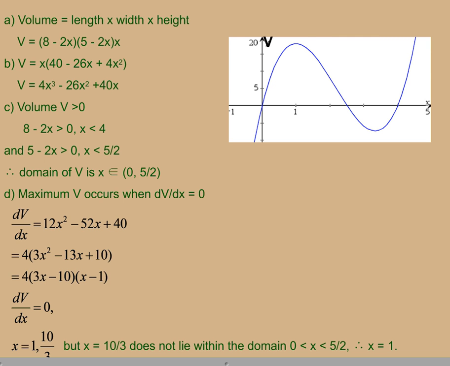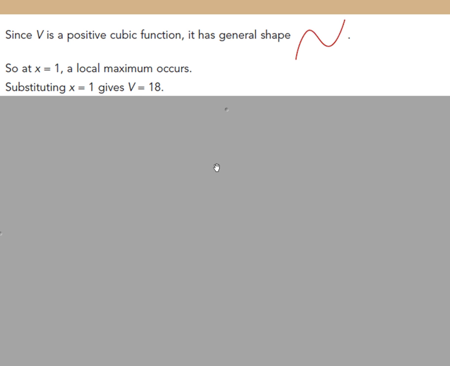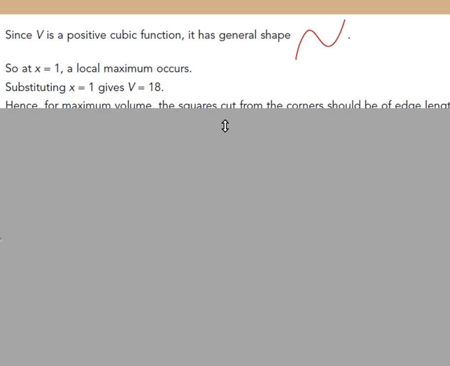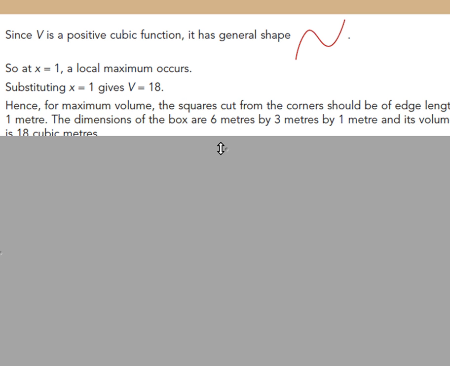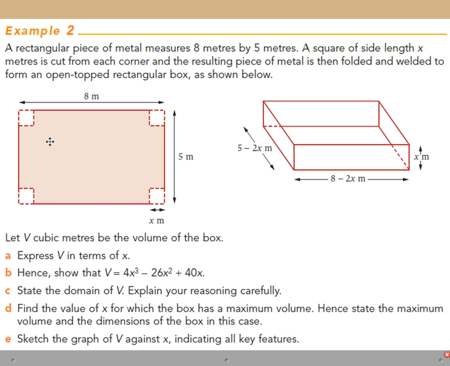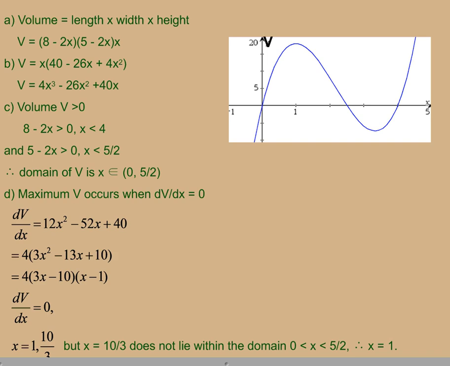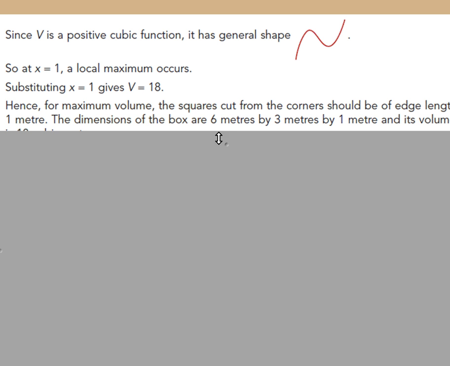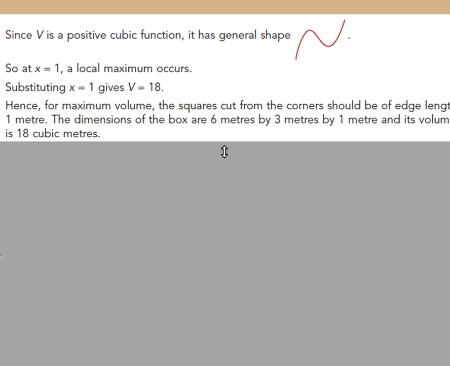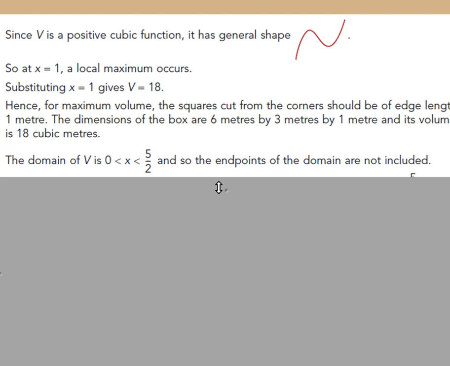So the maximum volume then is 18. And the dimensions of the box then are going to be 6 by 3, because we take a metre out of each end, leaves us with 6. A metre out of the width of each end is going to leave us with 3. So the dimensions of the box then are 6 by 3 by 1 metre high, gives us 18 cubic metres.